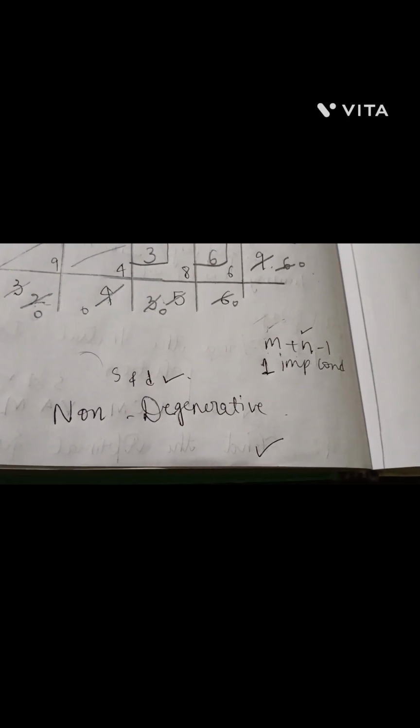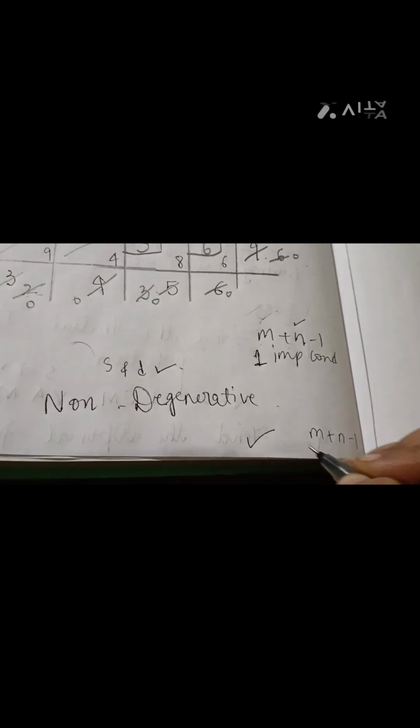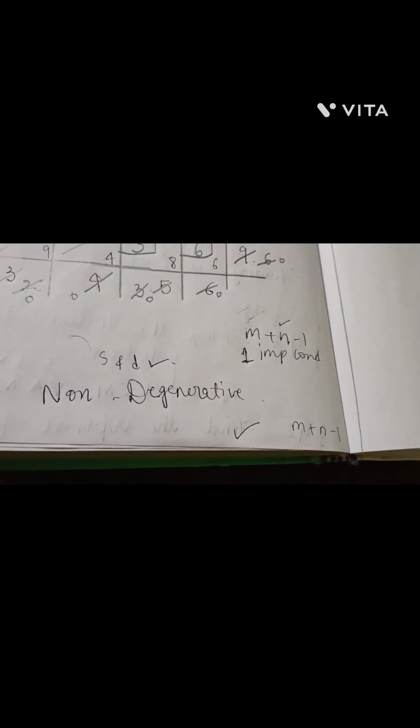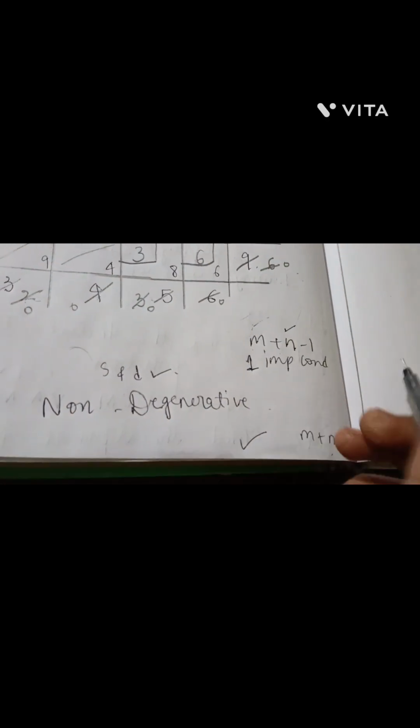But if the number of allocations is less than m plus n minus 1, then it is called a degenerate solution. In this case, we need to make a small adjustment by adding a very small value, usually represented by epsilon.